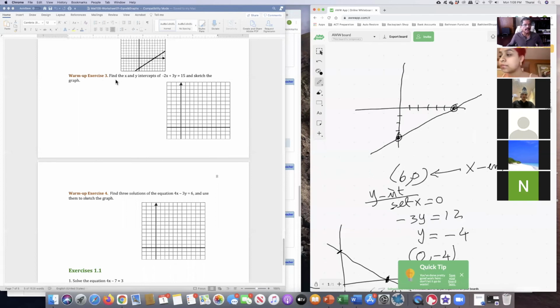So it says find XY intercepts and then sketch the graph. I want you to find the x-intercept and y-intercept first, and then use them to sketch the graph.